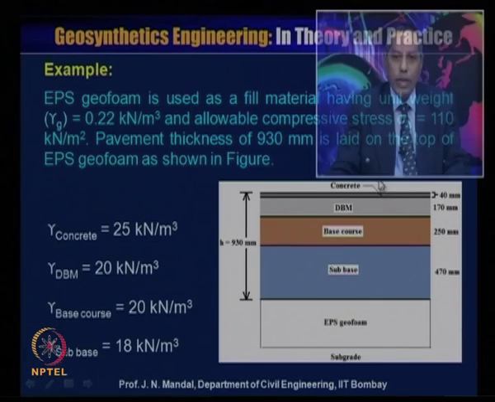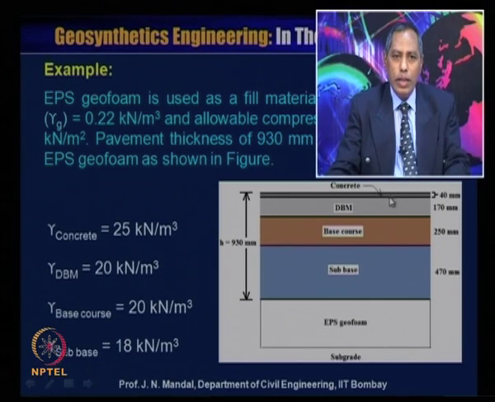Here is the concrete, whose density is 25 kilonewton per meter cube, and this is the DBM, that is dense bitumen macadam, which has a density of 20 kilonewton per meter cube. This is the base course, gamma base course is 20 kilonewton per meter cube, and this is the sub base, gamma sub base is 10 kilonewton per meter cube.